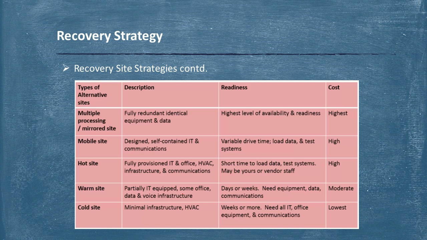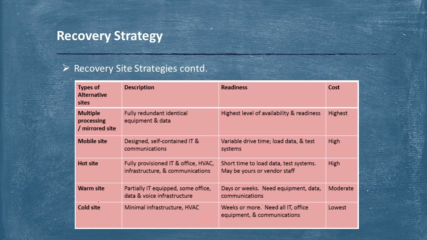Now we have a table here. In this table the different types of alternative sites are mentioned in column 1, and row 1 gives the descriptions. Let us go through one by one.